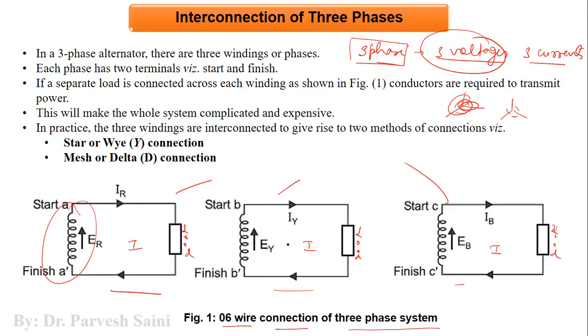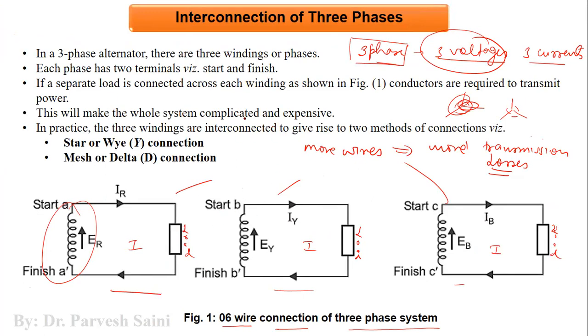So this would lead to an increase in the overall cost of the system. And also because there are more wires, it means more transmission losses. The arrangement is quite complex, complicated, and it is also expensive.